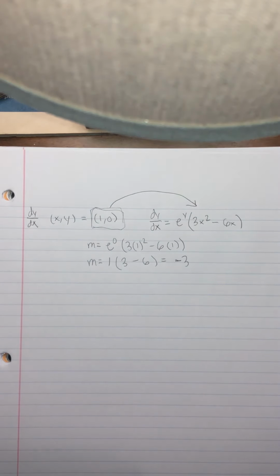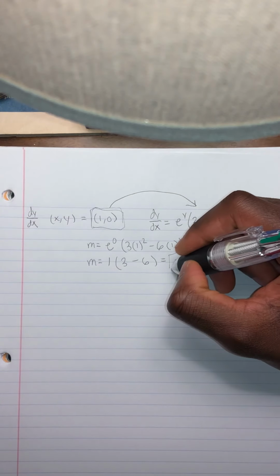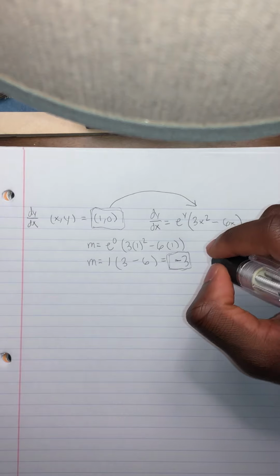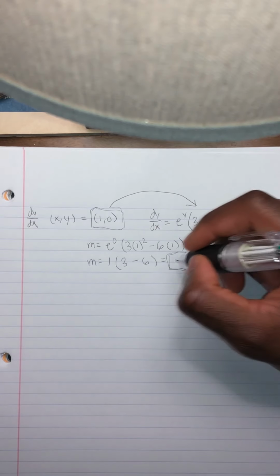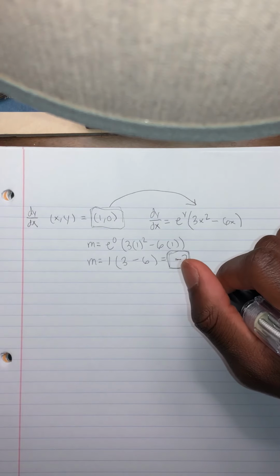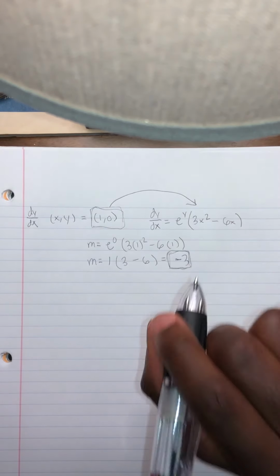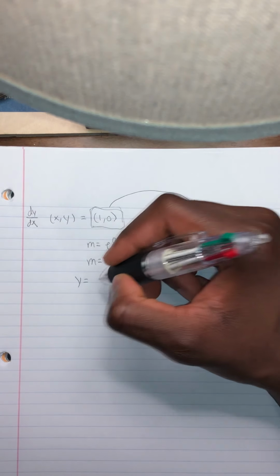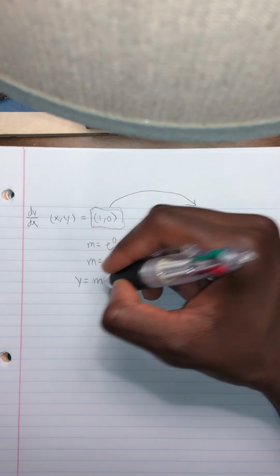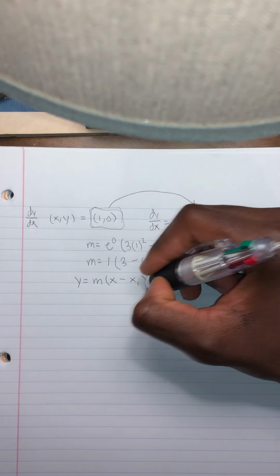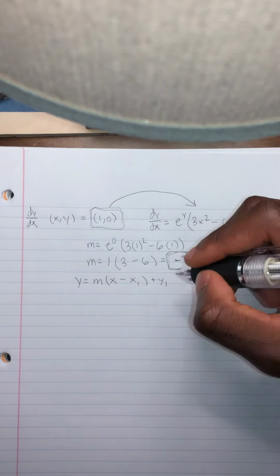So now that we have the slope, we can plug our values into point slope form in order to get the equation for the tangent line. If you forgot, point slope form is y equals m, the slope, times x minus x1, plus y1.